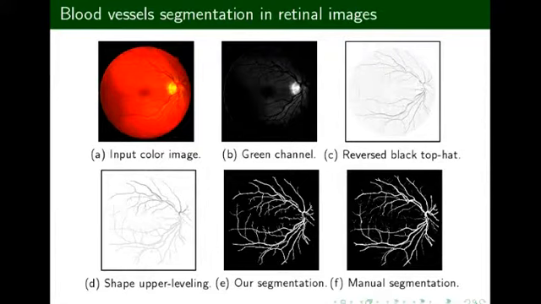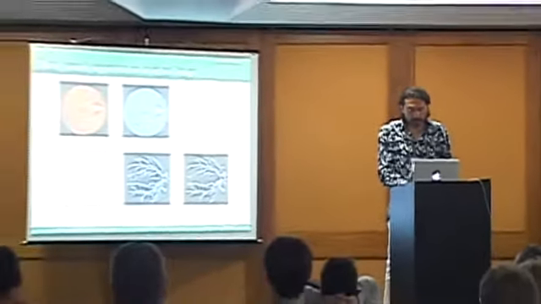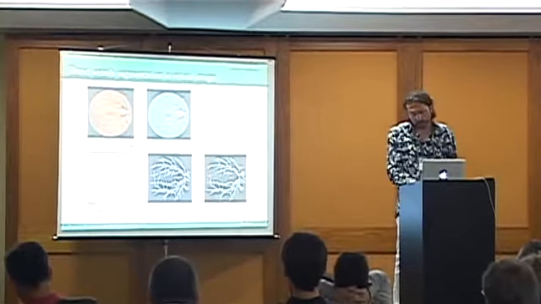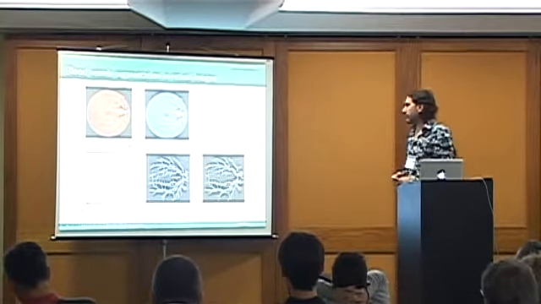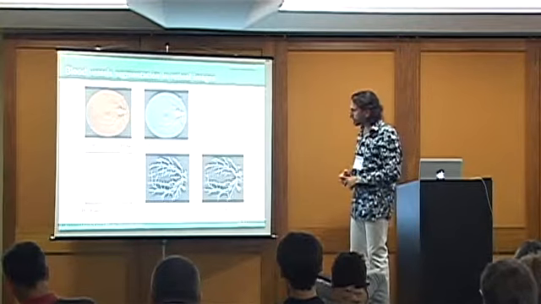Okay, so here is the first color image. You can look at the green channel that preserves most of the information. You make a black top hat, and you do a leveling on this image, and you obtain this kind of segmentation, which is very close to the manual segmentation.